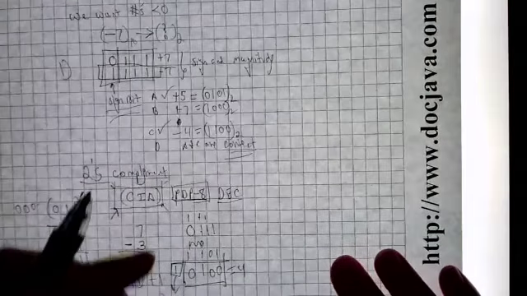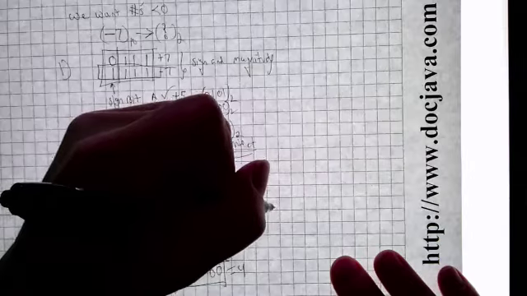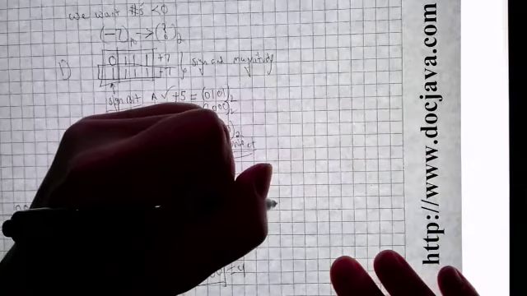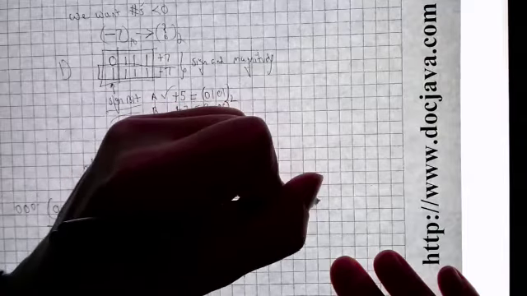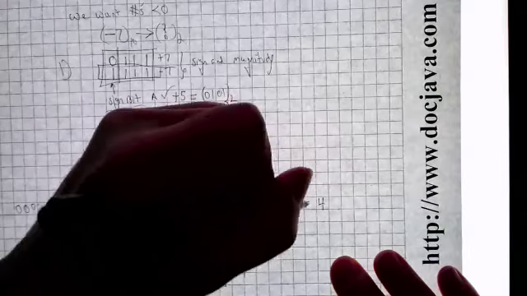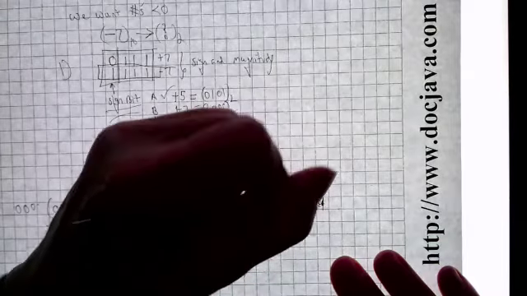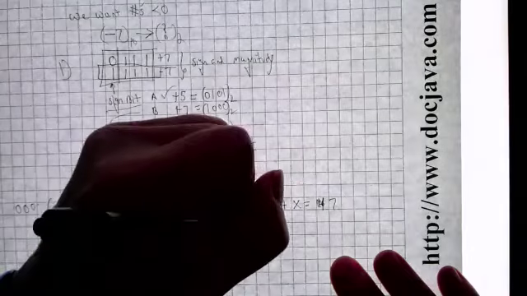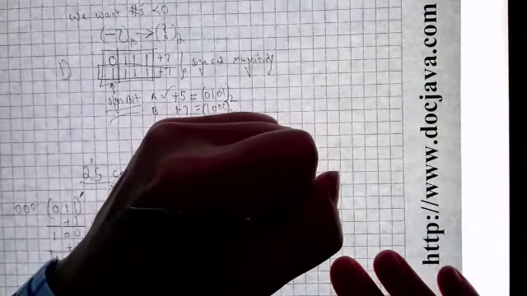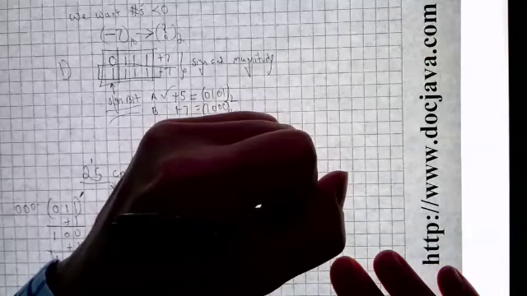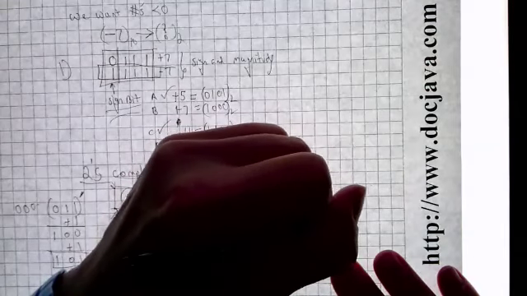In Java, or C, or C++, or C# if you like, we can write integer x is equal to 4. Let's do it the same way we did before. 7. Integer y is equal to tilde 3 plus 1.